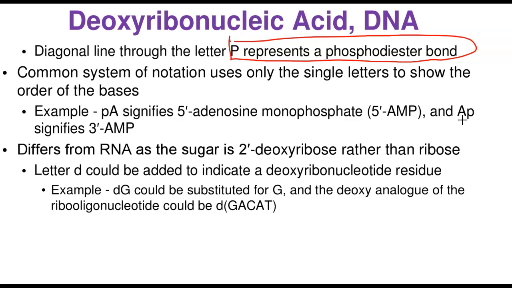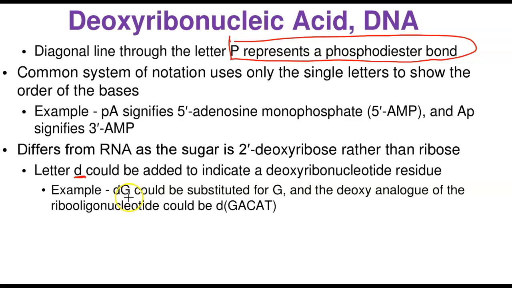Now this differs from RNA. Remember, RNA is very different, because the hydroxy group in number 2, the OH in number 2, remains intact. It is a ribose rather than the deoxyribose. So in writing that of the ribose and that of the deoxyribose, you can put a d to represent deoxy, which could be added to the deoxyribonucleic residue.